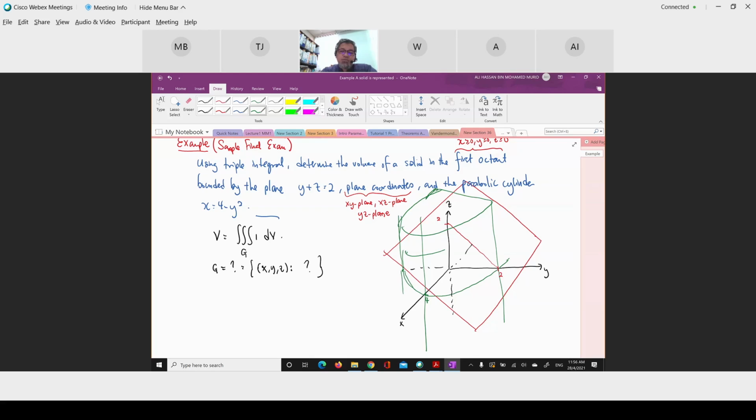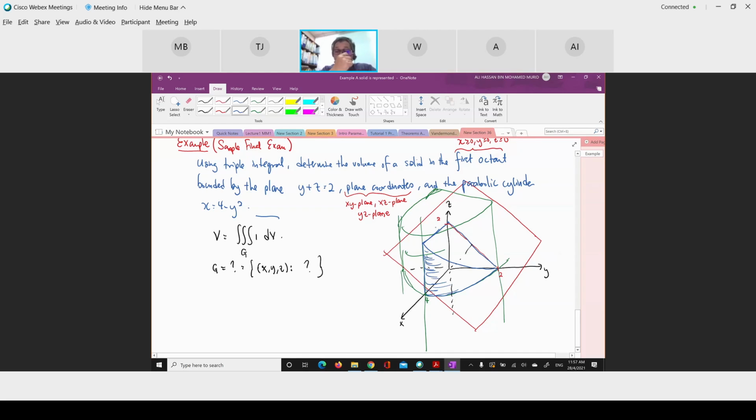One of the challenges of this question is being able to sketch the graph of the object G. Is it not something that looks like this?